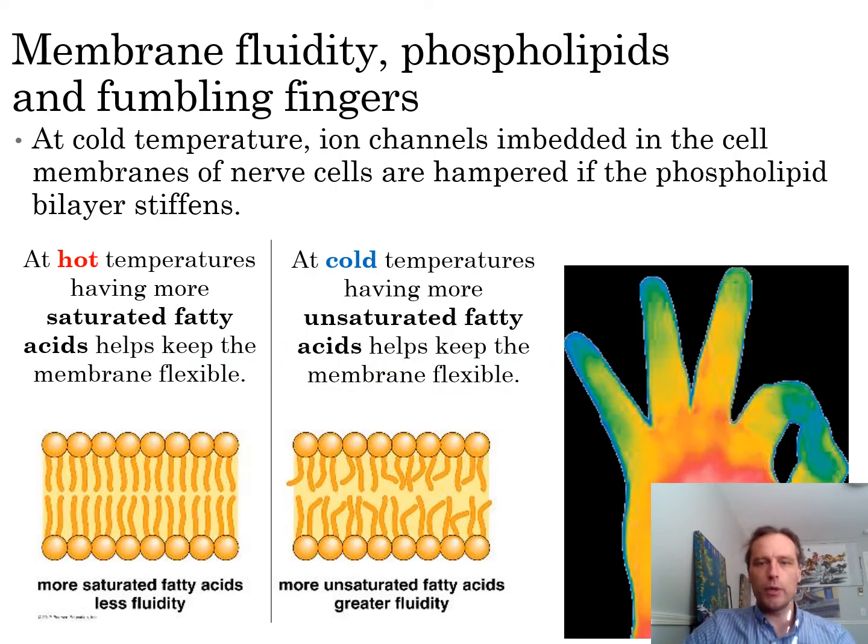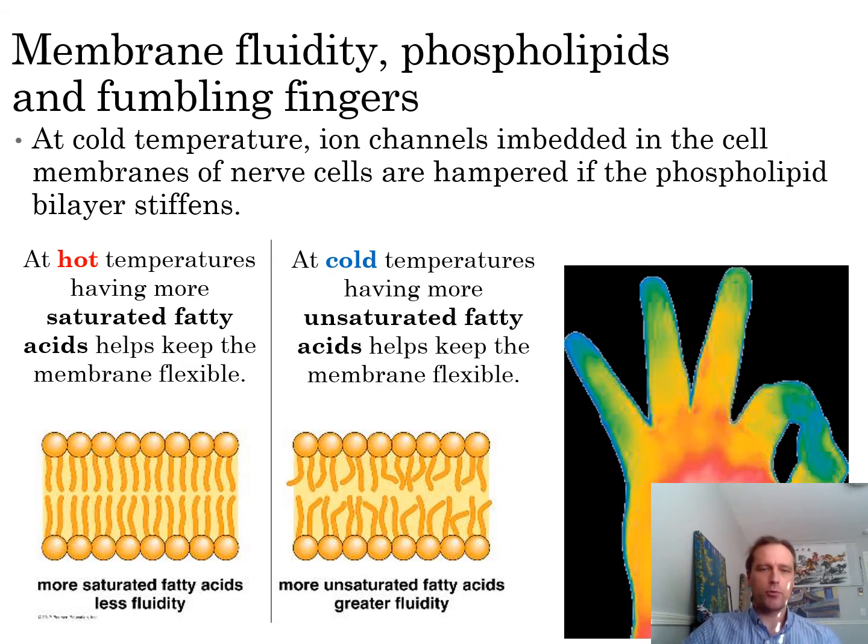How is membrane fluidity of the phospholipid bilayer connected to fumbling fingers, being really clumsy when it's cold out? If it's really cold and you're trying to zip up your jacket, you might notice, boy, it's really hard to zip up this jacket when it's really cold. So why is that?